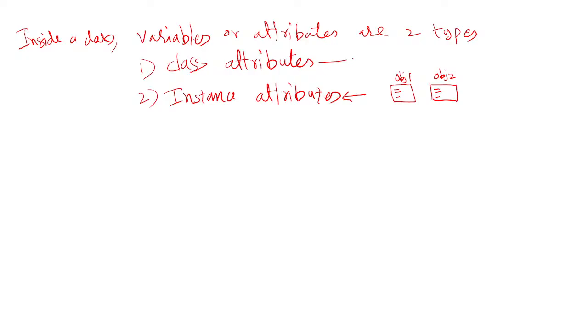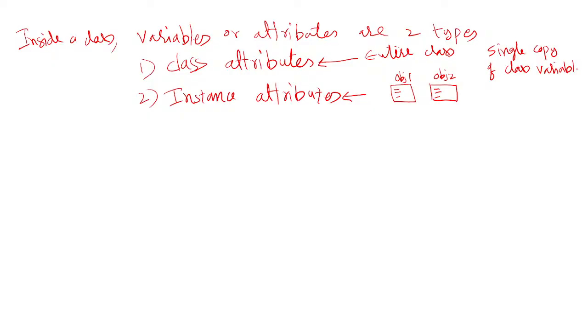Whereas another kind of attributes is called class attributes. Class attributes are related to the entire class. That's why all the objects will have a single copy of a class variable.